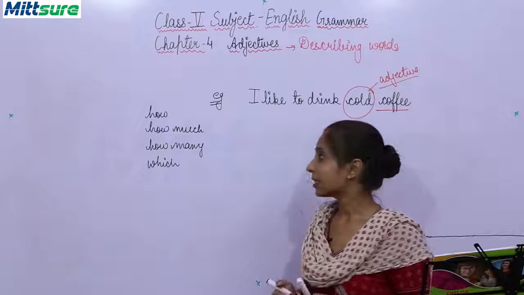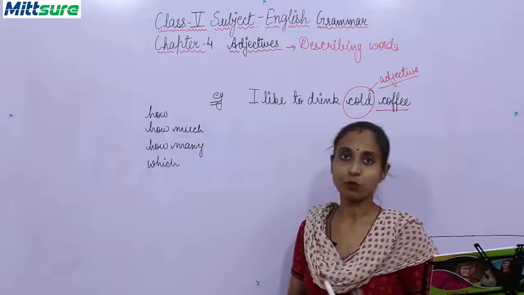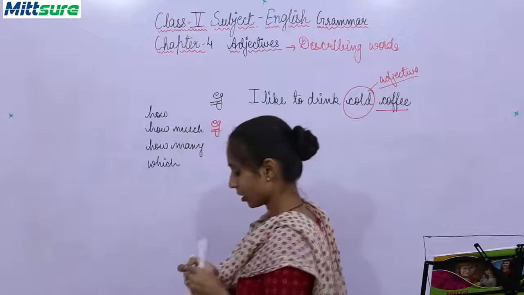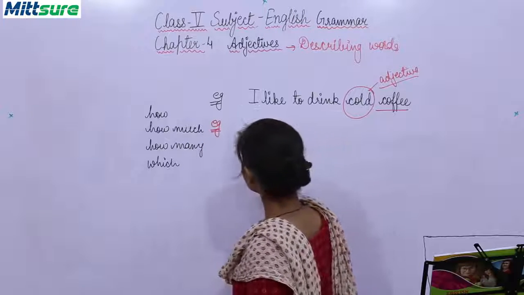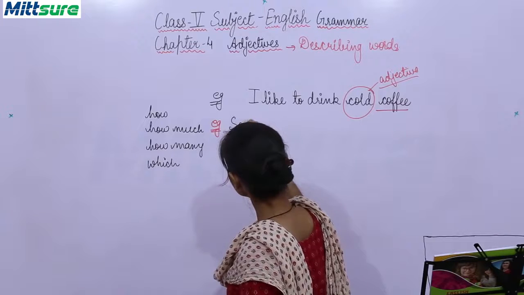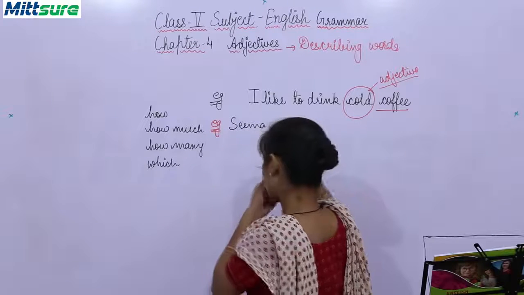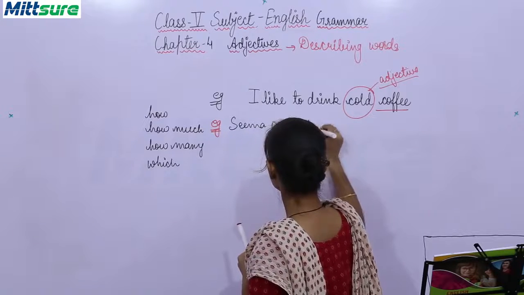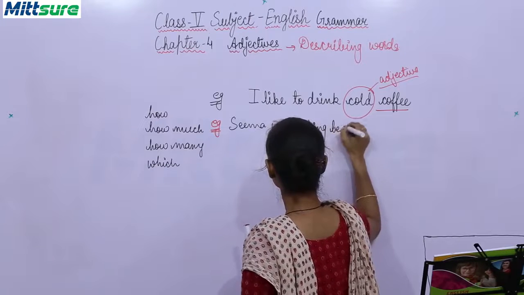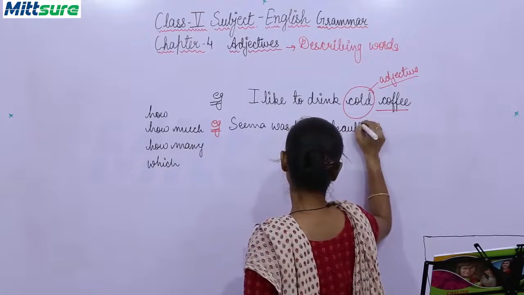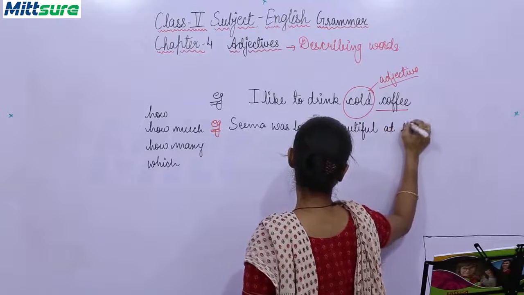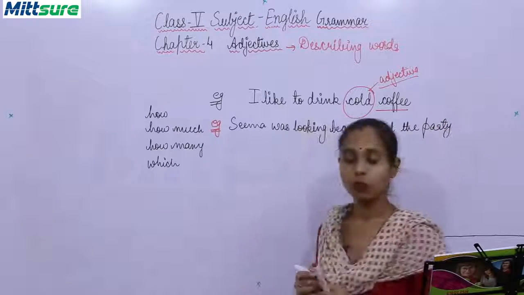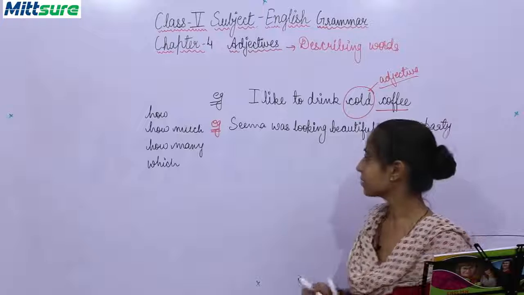Alright. Let us take a few more examples, then it will be more clear to you. For example, Seema was looking beautiful at the party. Now, what is the noun in the sentence?